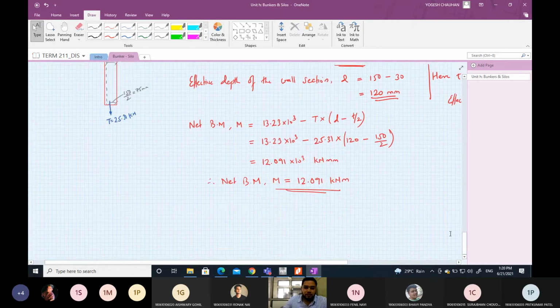So let us find the factored tension and factored bending moment.